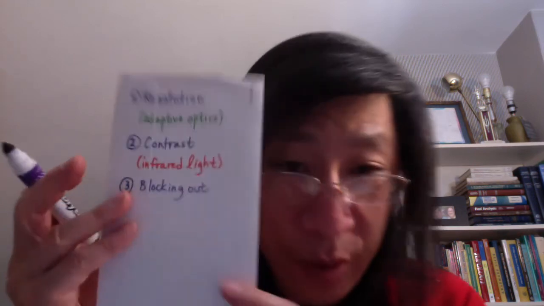You want to block out the brightest parts. And the way to do that is by taking a piece of material and sticking it into the path of the light coming down through your camera or through your telescope. And that's a technique called coronagraphy.